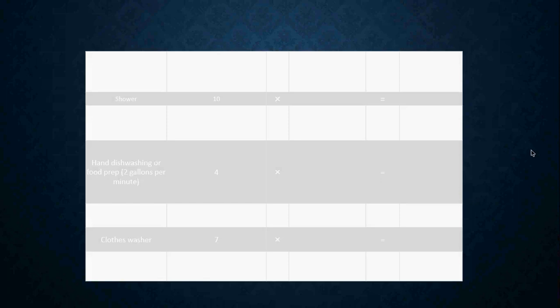So what we do is we take the number of showers that we have, say in this case we have 10. We're going to multiply it, you can't really see it on this slide, and I do apologize for that, by the number of people that are in the home. So we've got 10, say this is 10 gallons, and we have, say, 4 people. So we're going to have about 40 gallons of water that we're going to have to heat up.